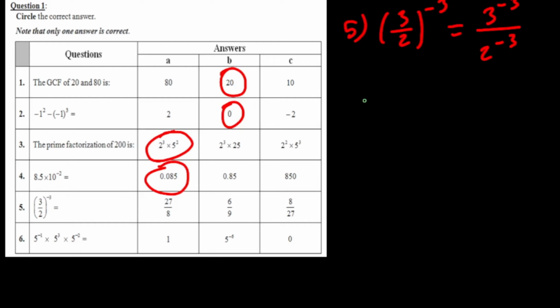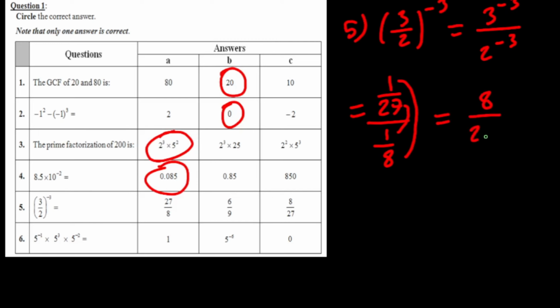Expanding further, you get 1 over 3 to the power of 3, which is 27, all over 1 over 2 to the power of 3, which is 8. To simplify this, we just multiply the furthest numbers and the closest numbers apart, getting 8 over 27. So the answer is C.